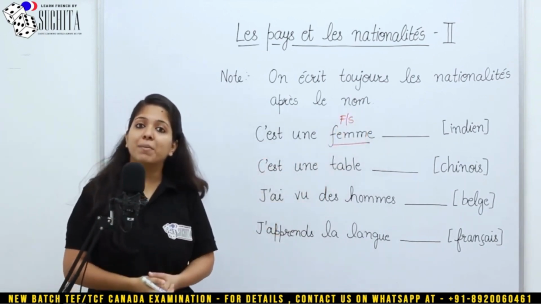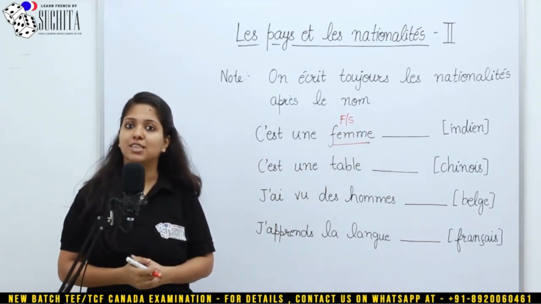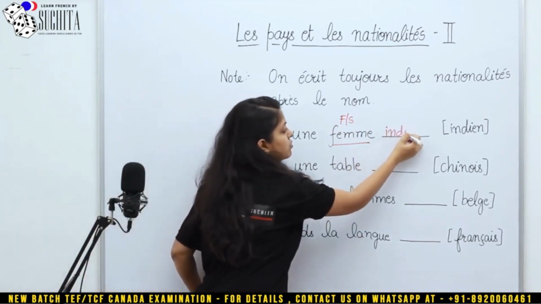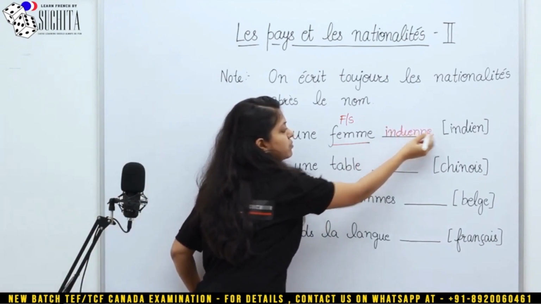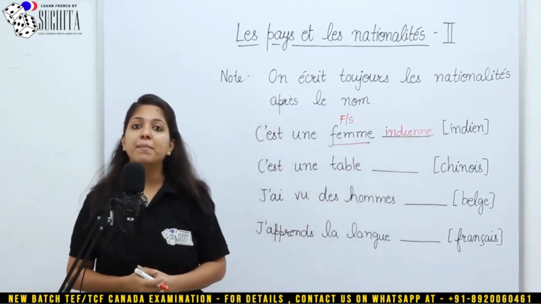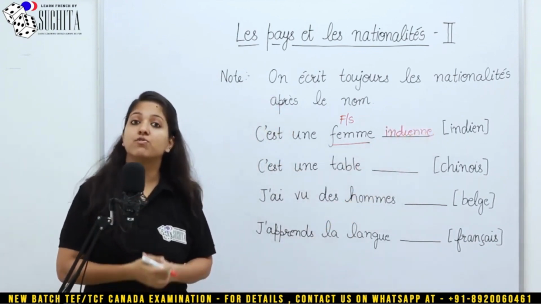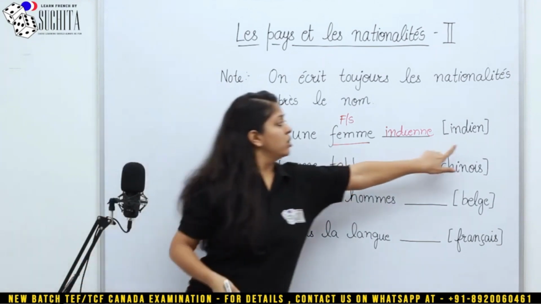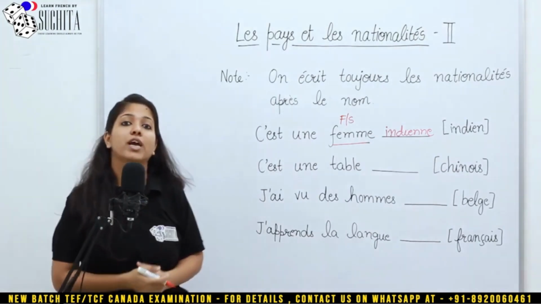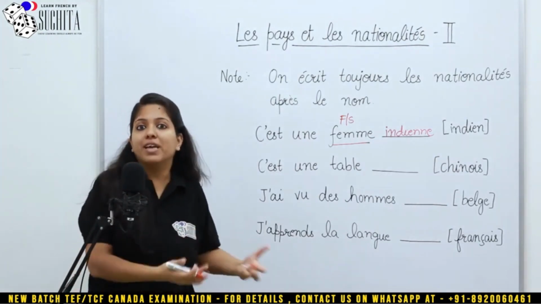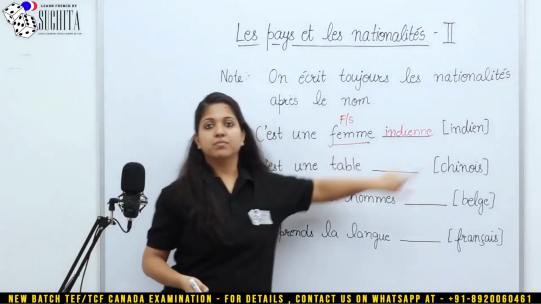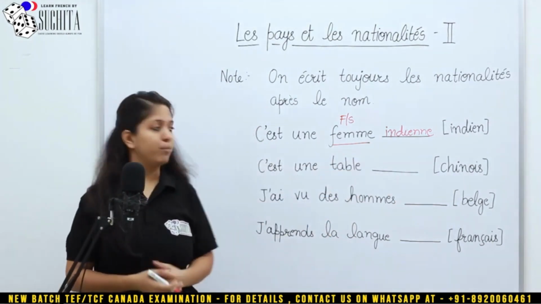So you will use the feminine singular version of the nationality Anzia. C'est une femme indienne. And the rule that I applied here is the nationalities which end with en, in order to make their feminines, you apply double N-E.